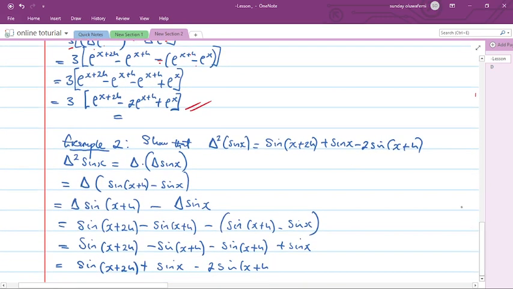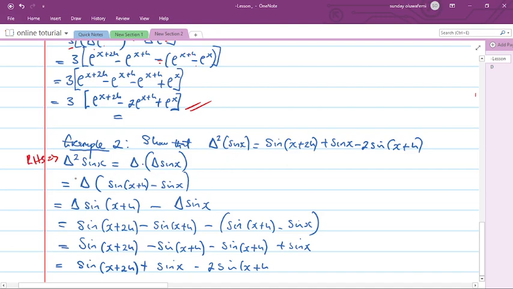So let's check example 2. Show that delta squared sin x equals sin of x plus 2h plus sin x minus 2 sin of x plus h. Alright, so we pick our left hand side in order to get the value of our right hand side.